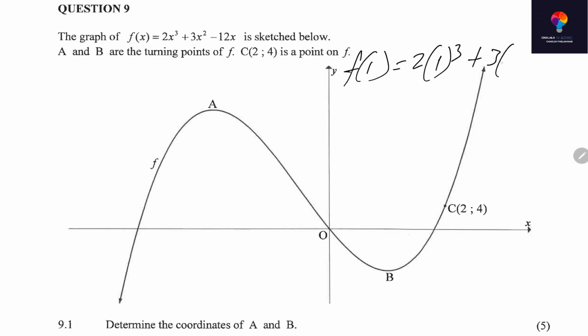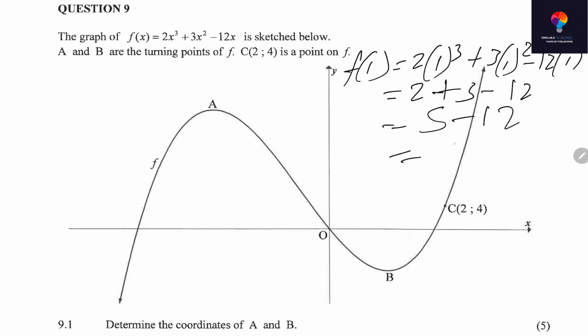When we replace it, 1, we're going to get 2 plus 3 minus 12. 1 to the power 3 is 1, so I'm going to get 5 minus 12, which will eventually give us minus 7.